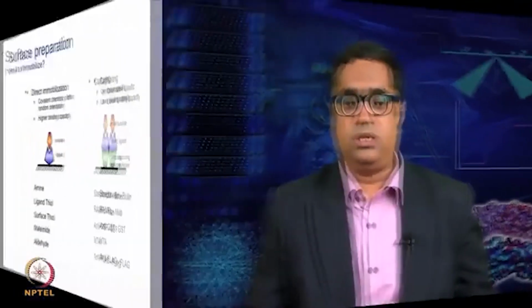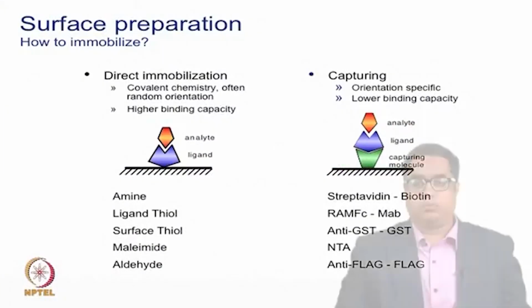In this session, we will understand the different kinds of sensor surfaces and the use of them in immobilization of a ligand. From the basics and from other sessions, we have understood the surface preparation, direct immobilization or capture methods.